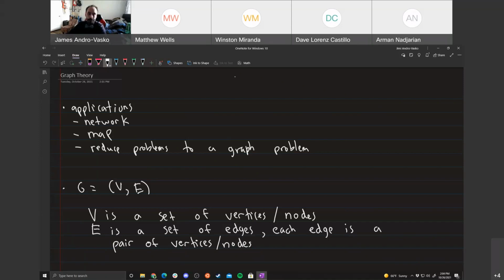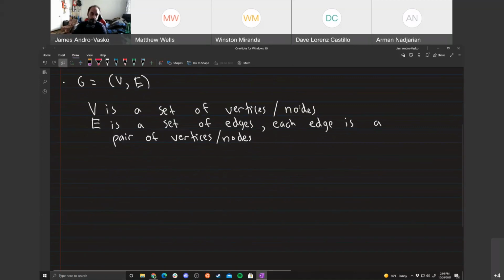The way we can think about it is we can draw a graph. I'll draw an example graph right over here, just so we can get an idea of how a graph looks, but you've probably seen this in CS 302. Let's label the graph using letters.